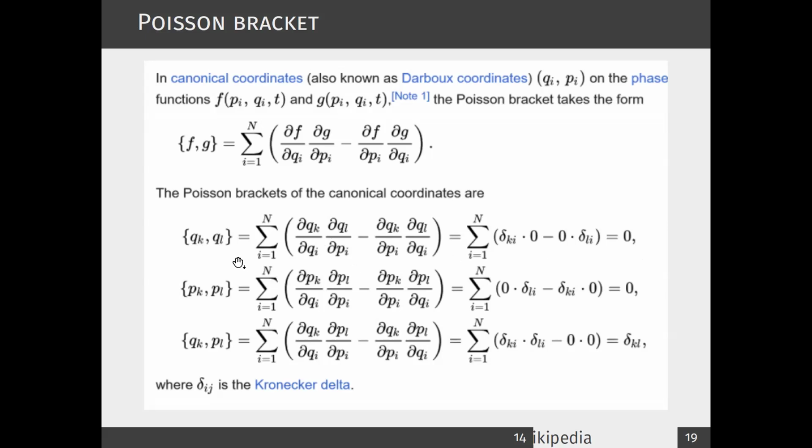The same thing occurs for the Poisson bracket between p_k and p_l. It's also 0. And then you can compute the Poisson bracket between q_k and p_l. When you do so, you get such formulas here.